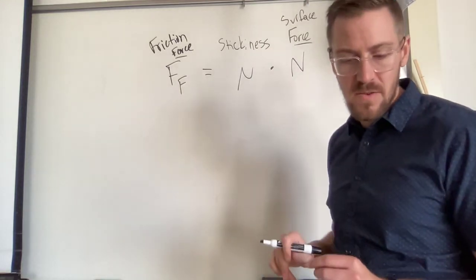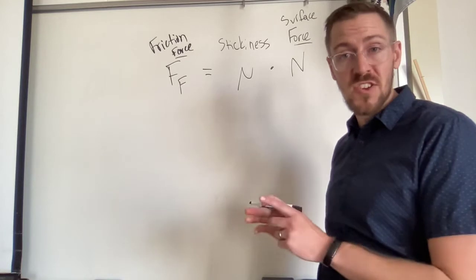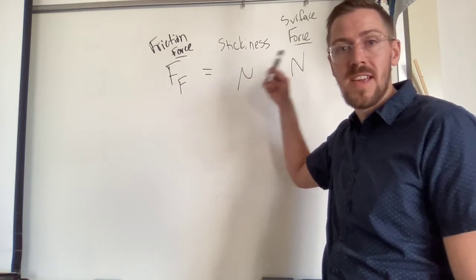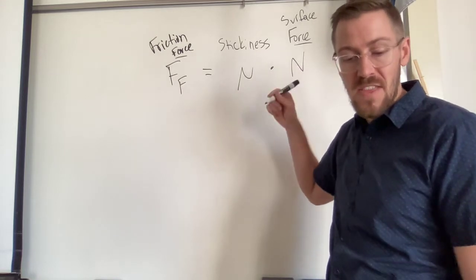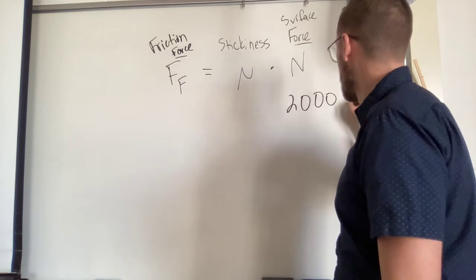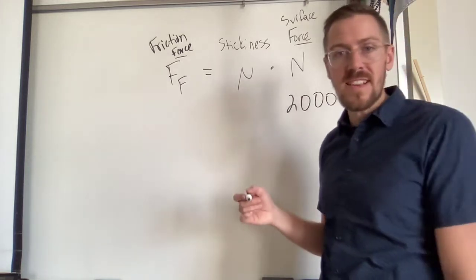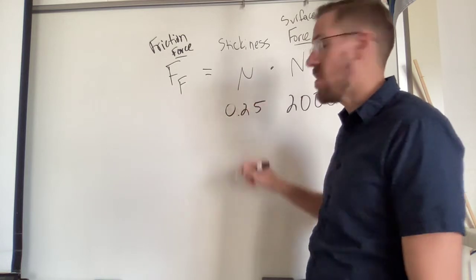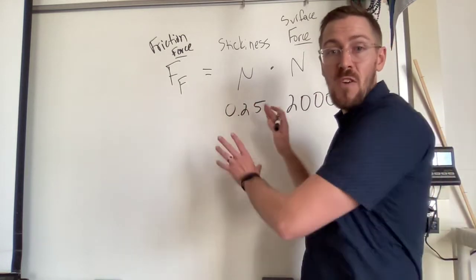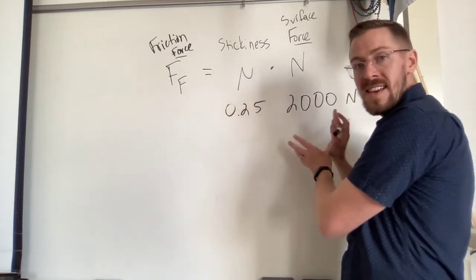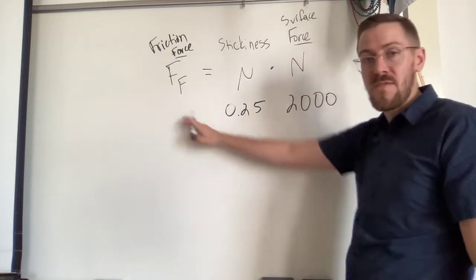If I ask you to find the force of friction, I'll give you these 2 things, the surface coefficient and the force. So the normal force might be 2,000 newtons, and let's use the decimal from the last question, which is 0.25. The question is going to say the coefficient of friction is this, the normal force is this, what's the frictional force?